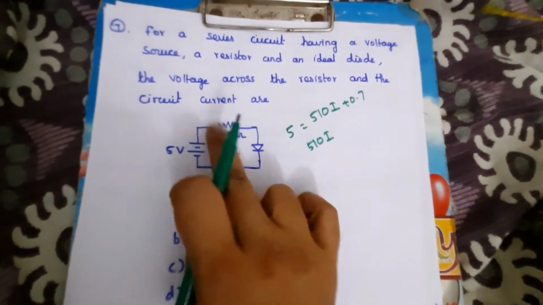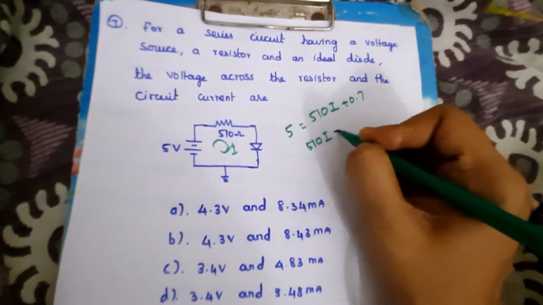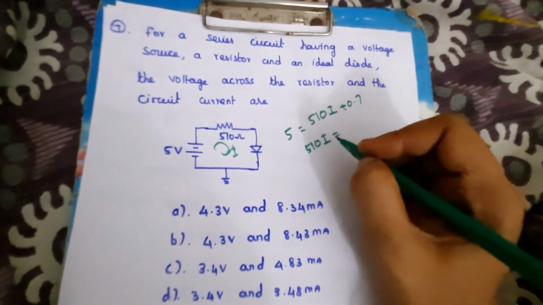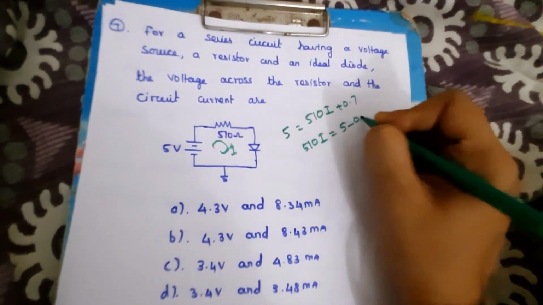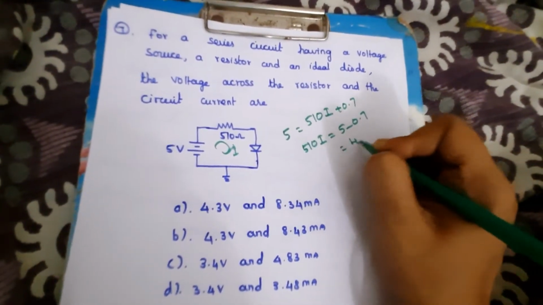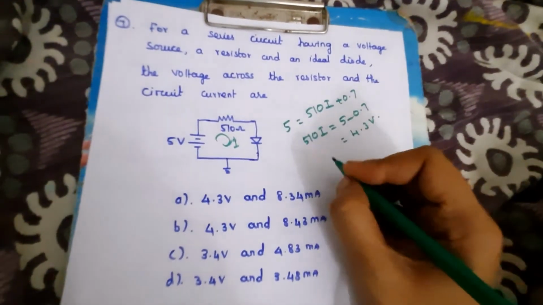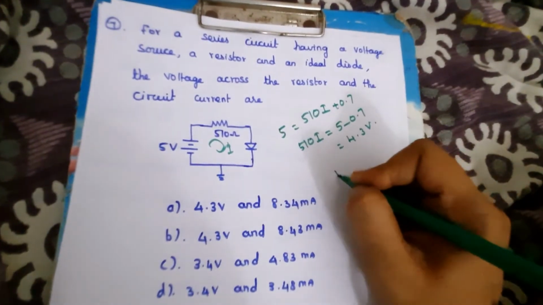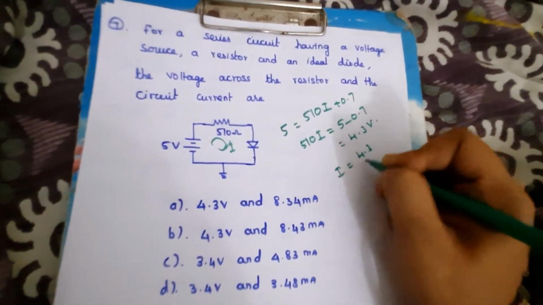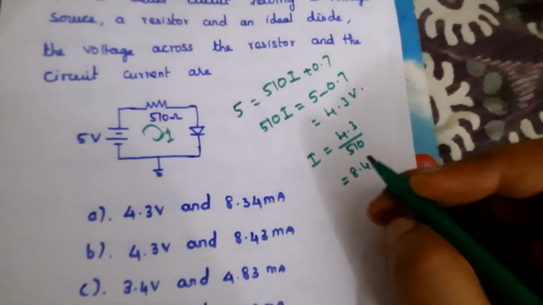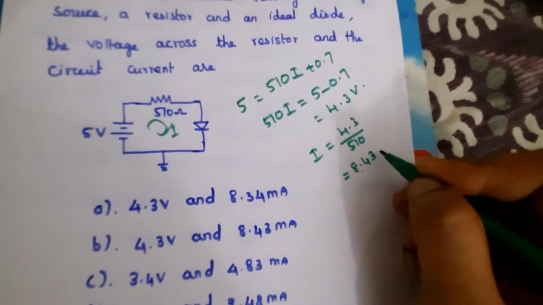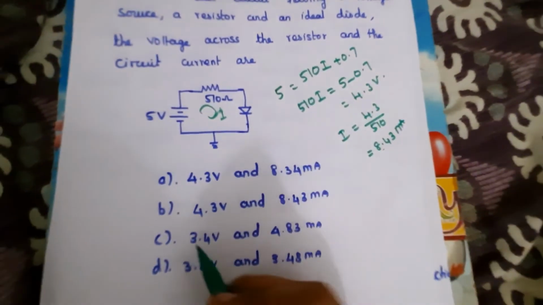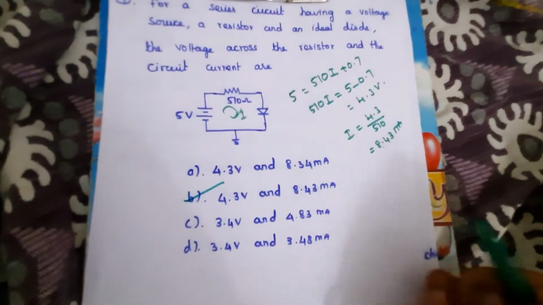So the voltage across this resistor, 510 into I, is equal to 5 minus 0.7, that is equal to 4.3 volt. So the voltage across the resistor is 4.3 volt. Now we have to find I. 4.3 divided by 510, and solving this, we will get 8.43 milliamps. So here the answer is B.